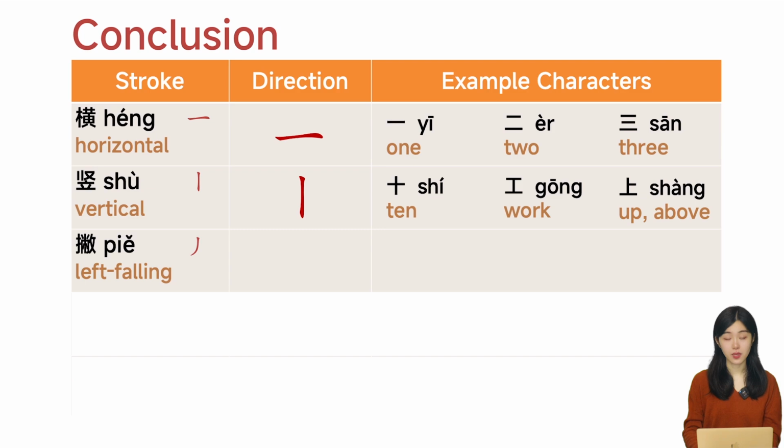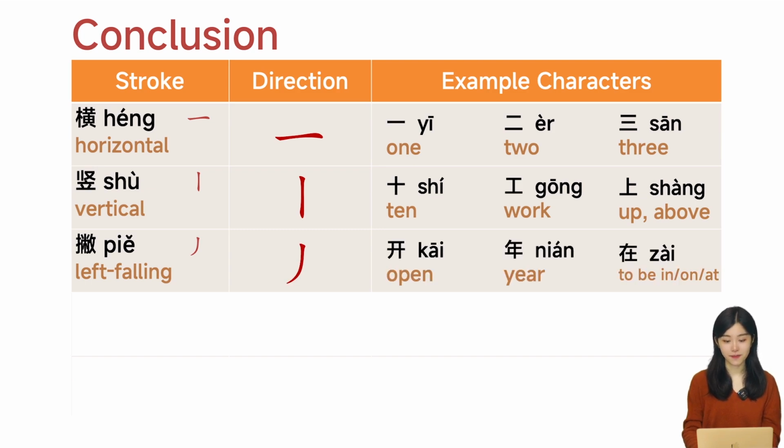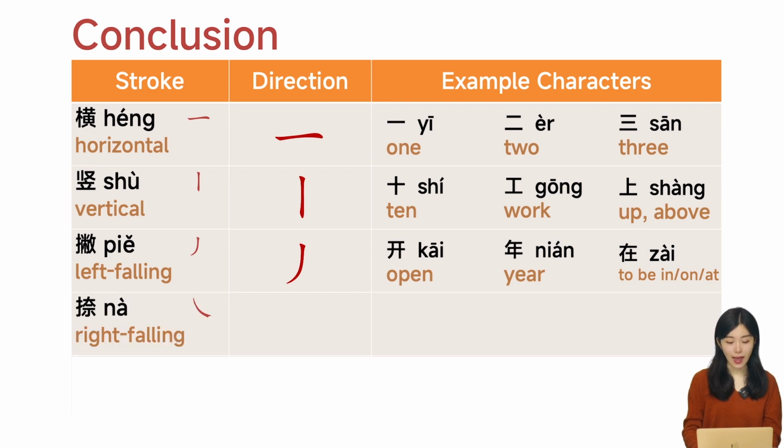撇. We write it from the top to the left bottom. Now, read the example characters. 开 年 在. 捺. We write it from the top to the right bottom.